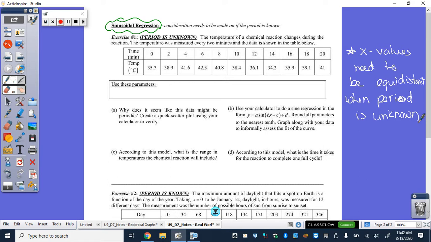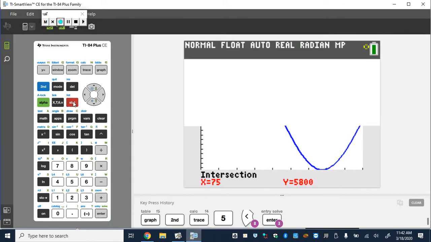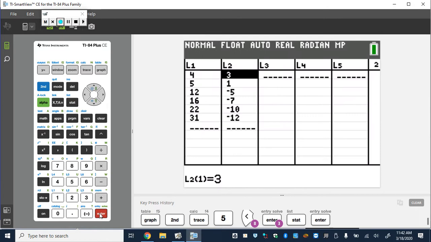If we take a look at our range values, though, it goes up, up, up, up, up, down, down, down, down, up, back up, back up. So it's going up, down, up, down. So it is going to be a periodic function. We're going to use sine for it. So if we start to go into our calculator, go to Stat, Edit, go ahead, type in your numbers.